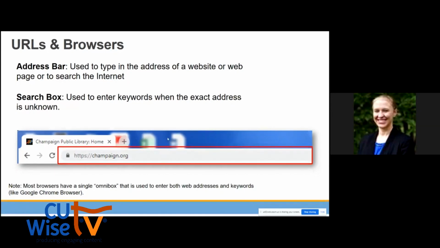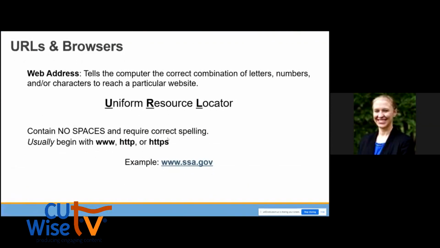I'm going to talk about URLs real quick, and then we're going to do a live demo of that. Your web address basically tells the computer the correct combination of letters, numbers, and characters to go to a particular website. I explain it as your physical mailing address, where you have your name, your house number, your street address, your zip code, and your city.